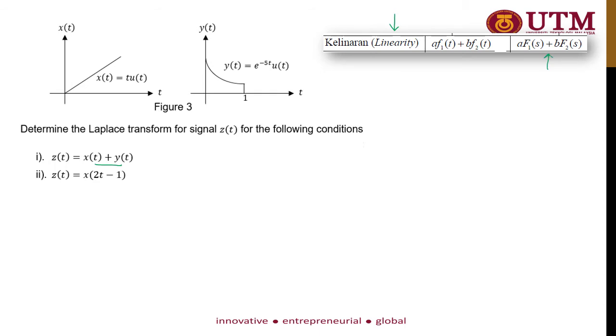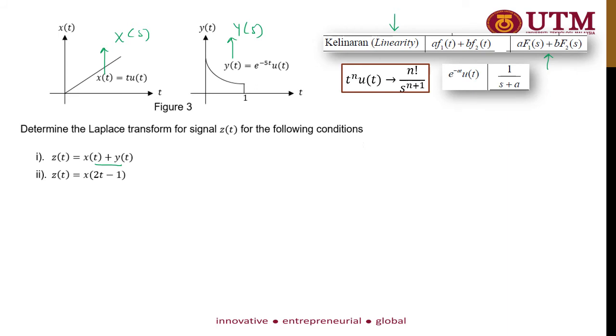So now you need to determine what is X(s) and also what is Y(s). Again, refer to the table to convert each individual component into the s domain. You may find this equation: for x(t), you have the t u(t) function, while for y(t), you have the exponential function. To start with, you know that Z(s) will be equal to X(s) plus Y(s).